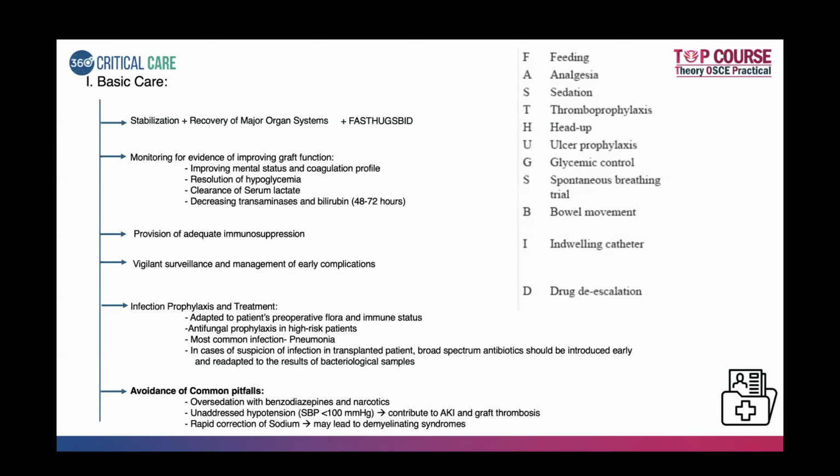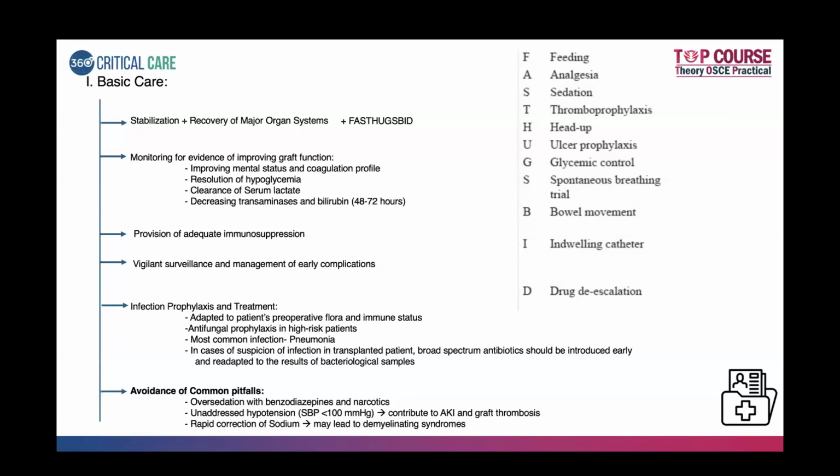Oversedation with benzodiazepines and narcotics should be avoided. Unaddressed hypotension should always be avoided because it can contribute to AKI and can lead to graft thrombosis. And if the patient's sodium is low initially, you don't have to correct it very aggressively, because aggressive treatment can lead to demyelinating syndromes, which creates a bad prognosis and spoils the purpose of a transplant that had been done over a long period of time.